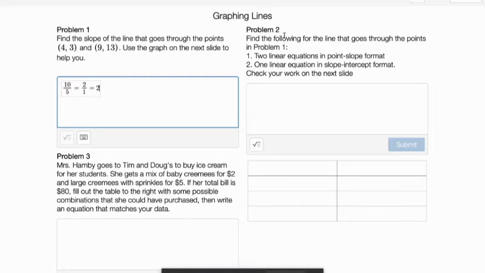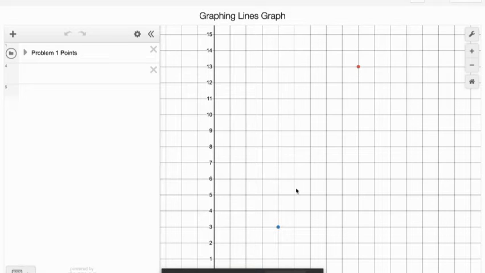Now remember, we also have two types of linear equation formats: point slope and slope intercept. If I'm doing point slope and looking at this graph, remember that's of the format y minus something equals my slope, which we said was 10 over 5 or 2 over 1, times x minus something.